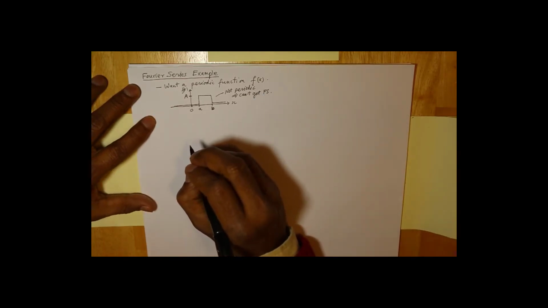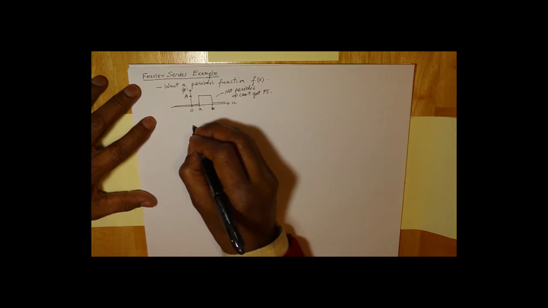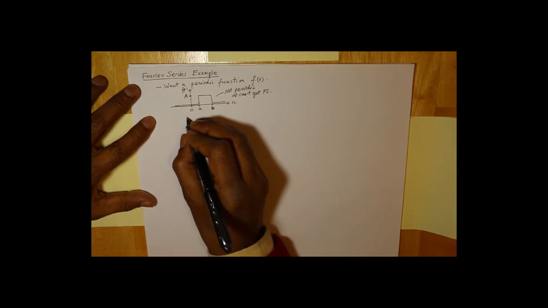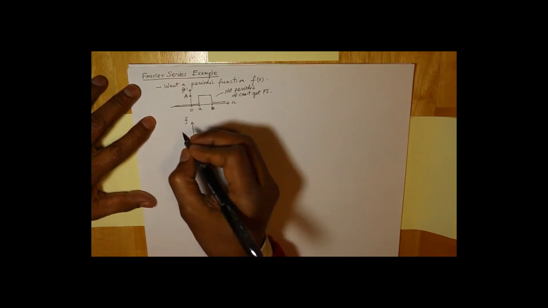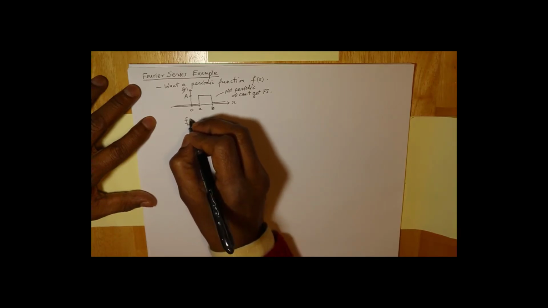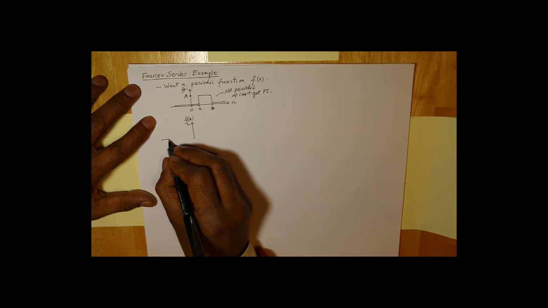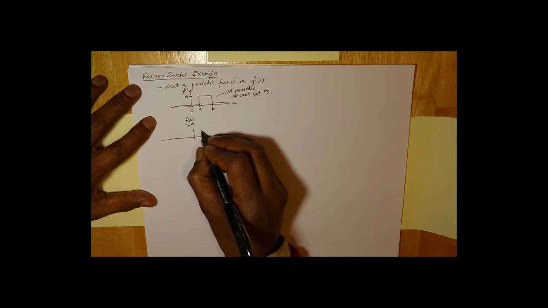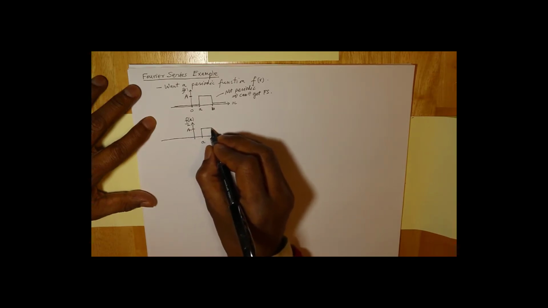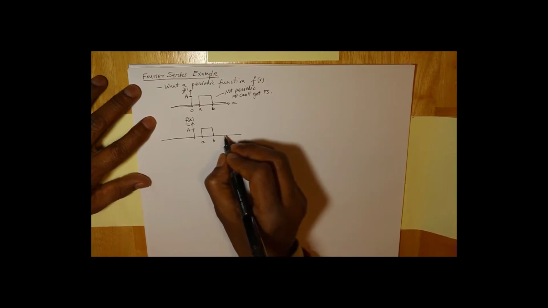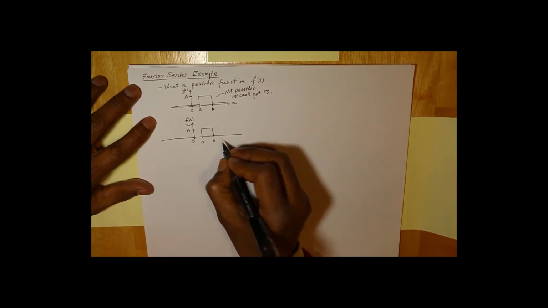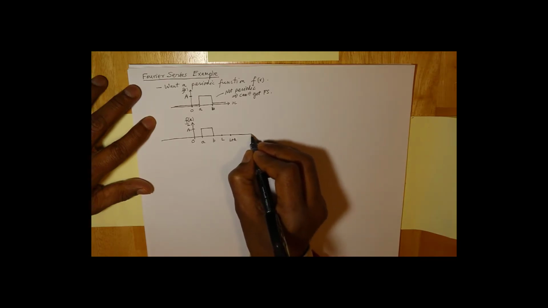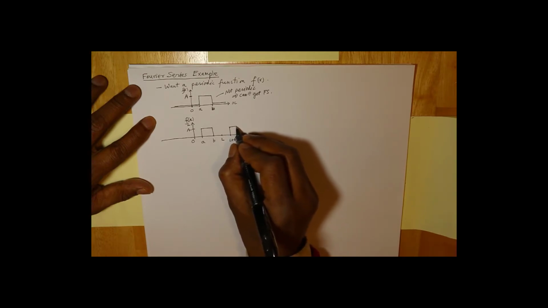Okay, so let's take another example where we will have some type of periodic function. So let's see, f_L(x), we want a periodic function. So I have the same kind of stuff. The A here goes up to, say, A here, comes back at B, and this is 0, and this is L, and if I go to L plus A, it goes up again to the same, and then comes down.